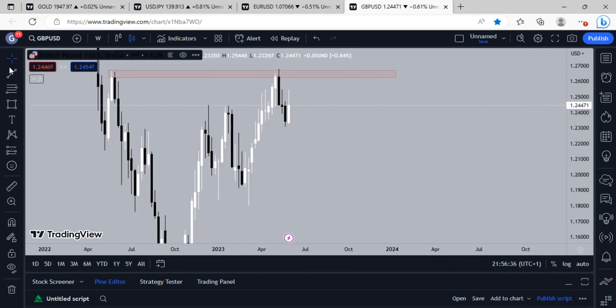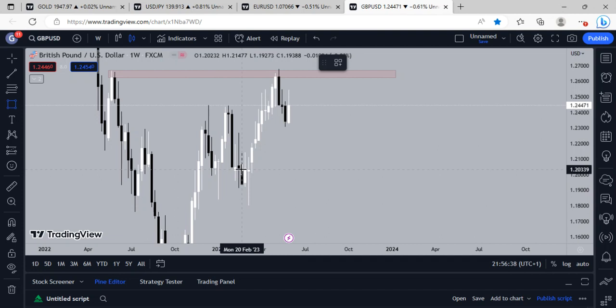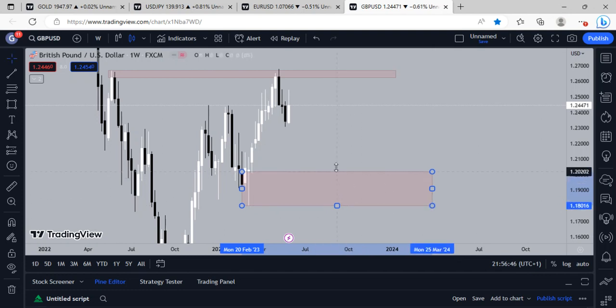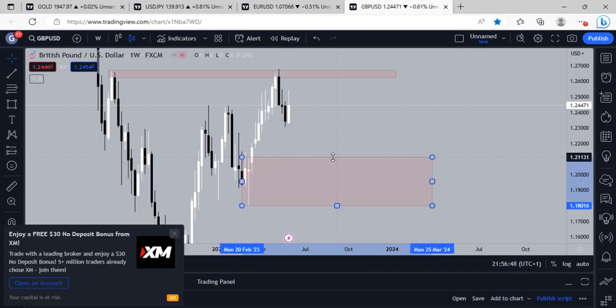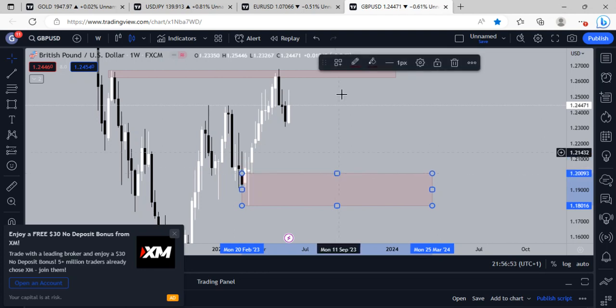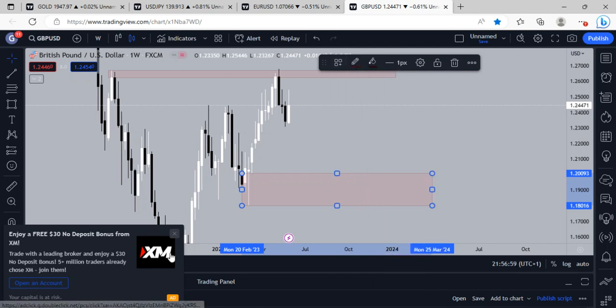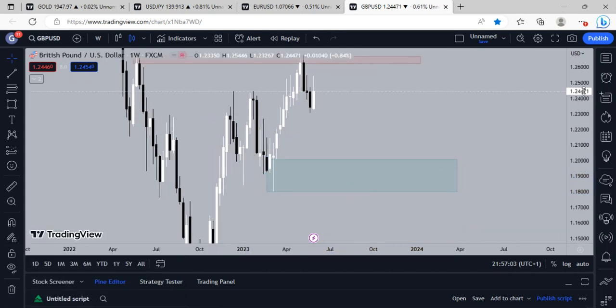A target that I will be setting will be right over here. That's the target I'll be setting. It also has really good imbalance, so that is a valid area to be setting as a target for your sell.